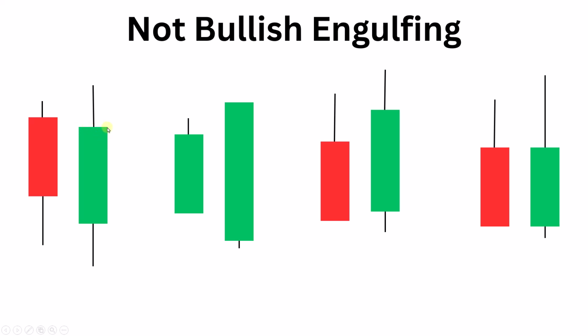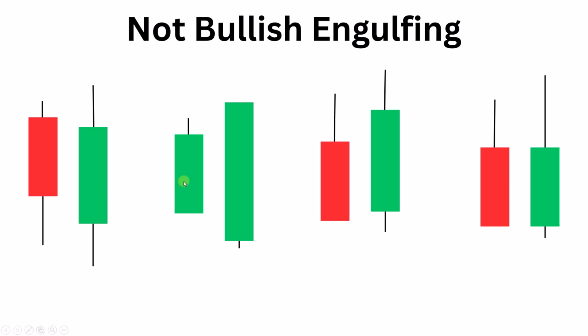If this was somewhere here, we could have considered this to be a bullish engulfing pattern. But unfortunately, it is at a lower level, and so we cannot consider this. What do we want? We want the green candle to cover up the red candle, or the body of the red candle must be inside the range of the body of the green candle. That is what we want, and that is not happening here, and so it is not a bullish engulfing pattern.